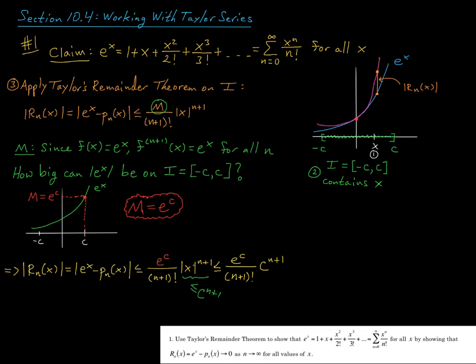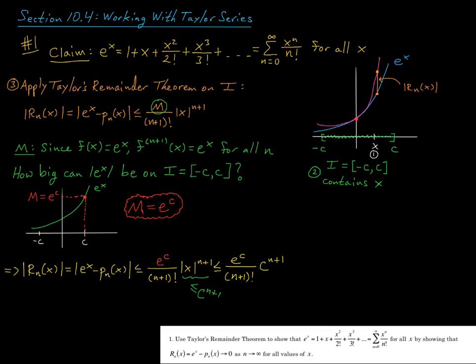So the largest this quantity, the absolute value of x to the n plus 1, could be is c to the n plus 1, because I know that x is less than or equal to c. And so putting that all together, this difference in absolute value is bounded above by e to the c over n plus 1 factorial times c to the n plus 1. All right, we're getting there.